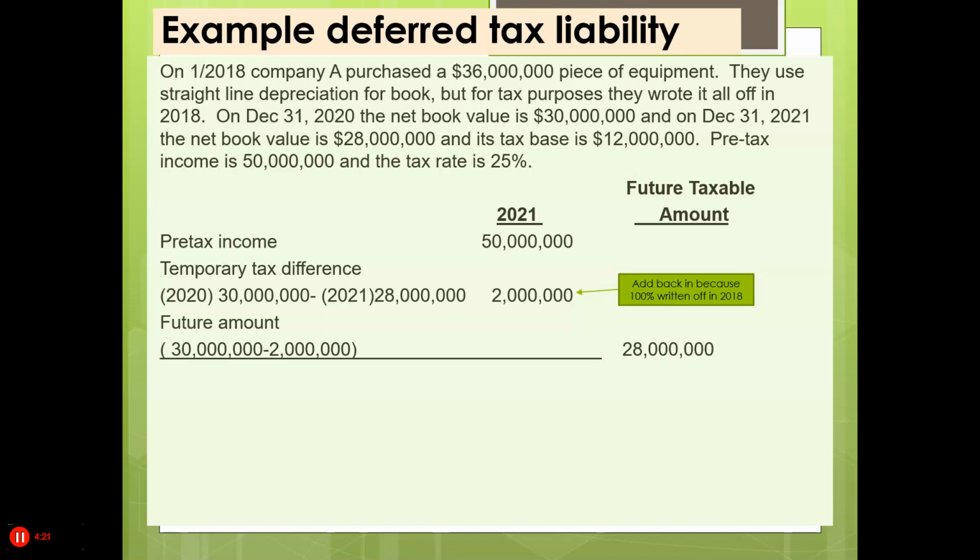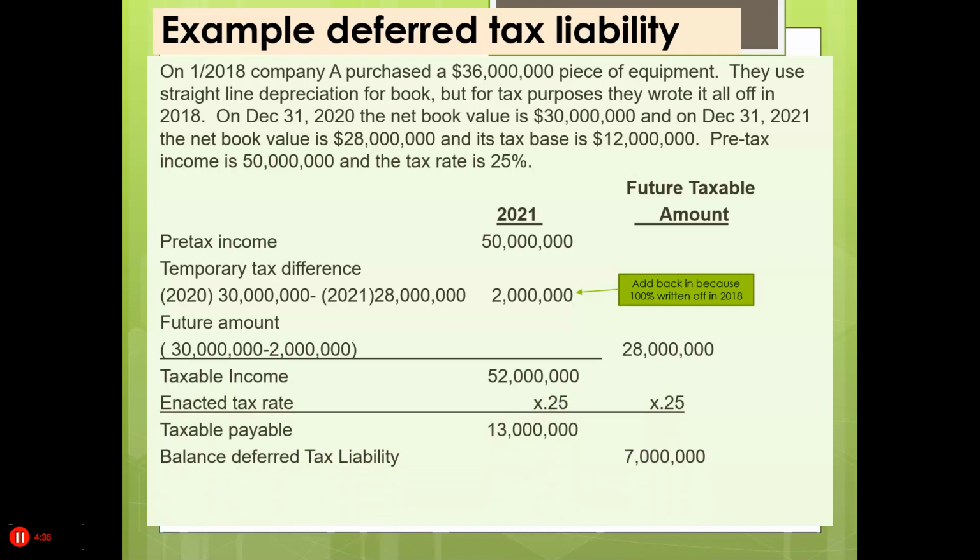Now, the future amount that we have is going to be 28. That's the future taxable liability, and it would be 30 million minus the 2 million difference. So we're going to take it times the 25%, and so our taxes payable is 13 million, and our balance in our deferred tax liability is 7 million.